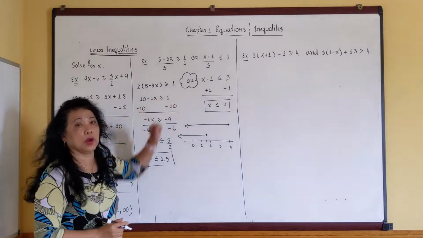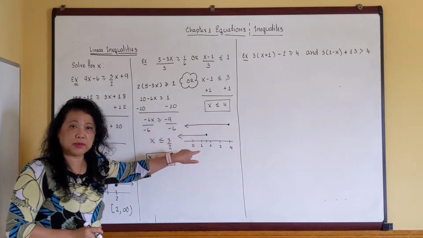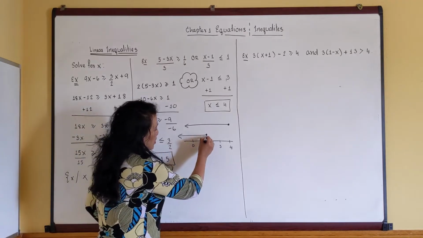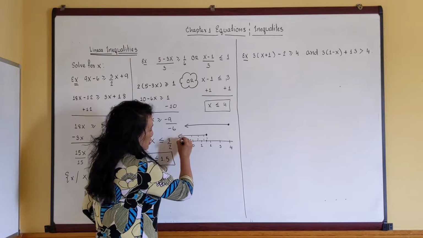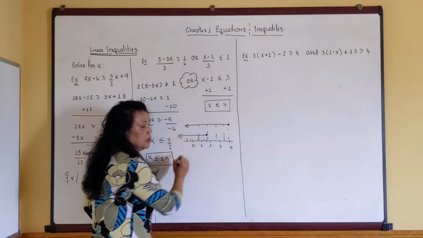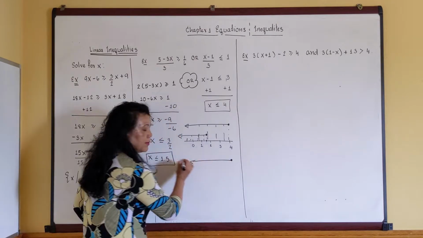It's joined with the word or. When it's or, it can be this, it can be this, or it can be both. Think of when it's rain. It's rain from here all the way to the left. It's also rain from here all the way to the left. Where is it rain? Of course, it's rain from 4 all the way to the left, right?